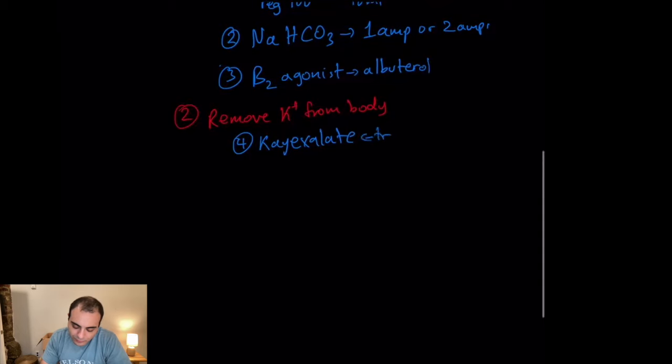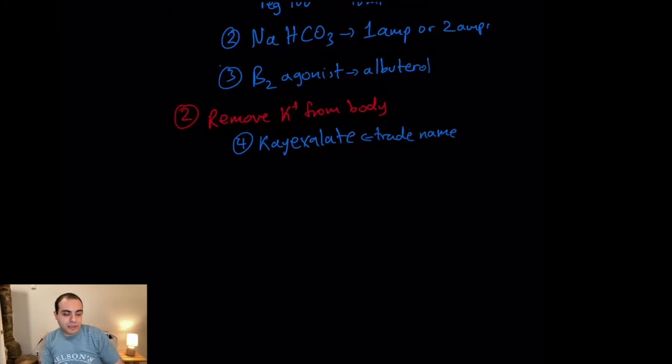So what does Kayexalate do? We said it chelates the potassium, right? From where? Do you give it IV? No, GI tract. So you give it PO. It's a PO medication, and it chelates in the GI tract. So what's the benefit?